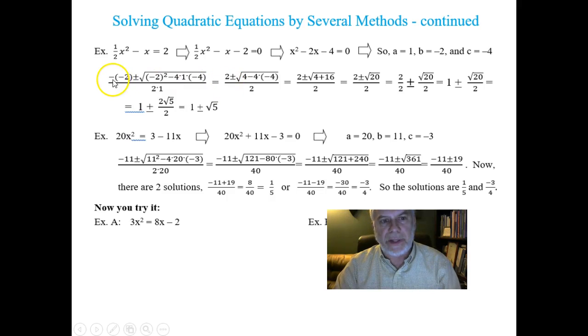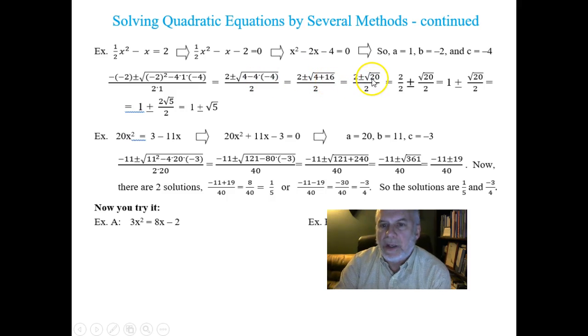And then, so I've got this negative negative 2, that becomes just 2, plus or minus the square root of negative 2 squared is 4, minus 4 times 1, which is minus 4, times negative 4. So you end up with basically 4 plus 4 times 4, or 16.